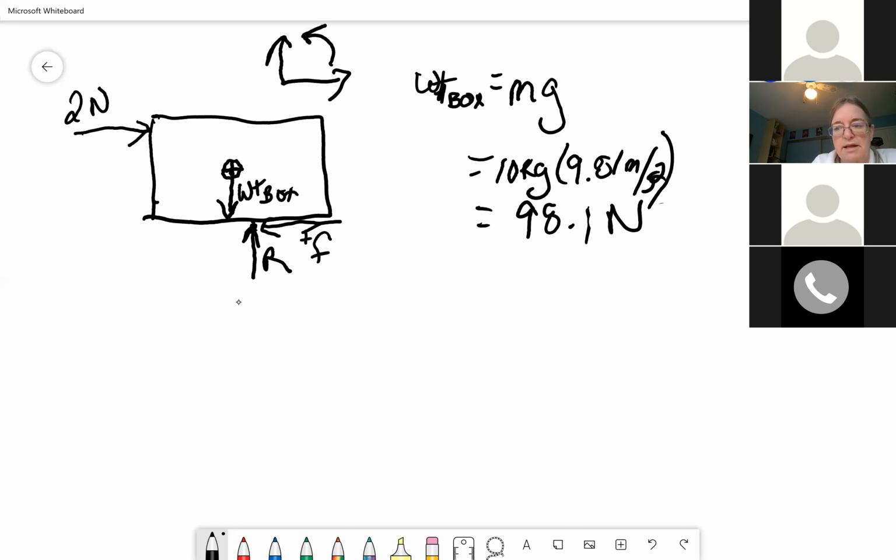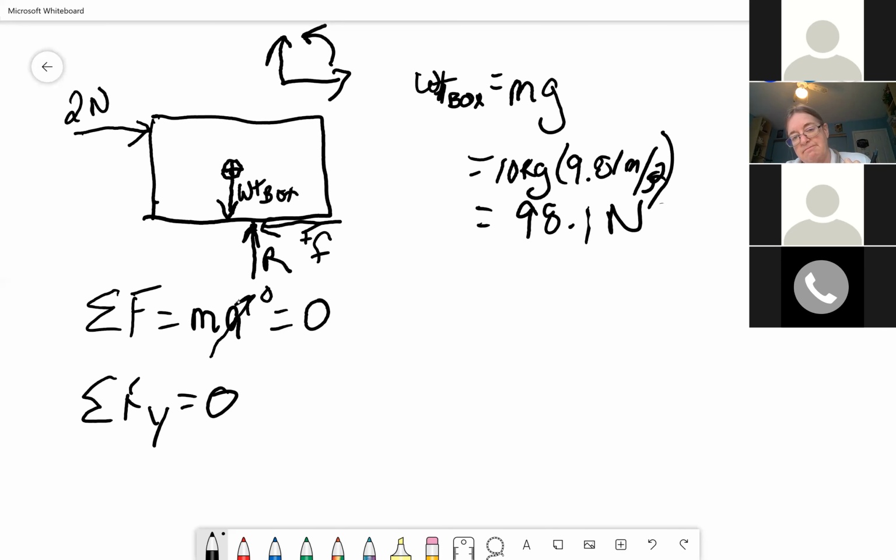So sum of forces in the Y direction equals 0. Let's do it as we did with the problem with the leg. Sum of forces in the Y direction. What forces on this free body diagram act in the Y direction? Well, the weight and also R. Is R positive or negative compared to my reference frame?